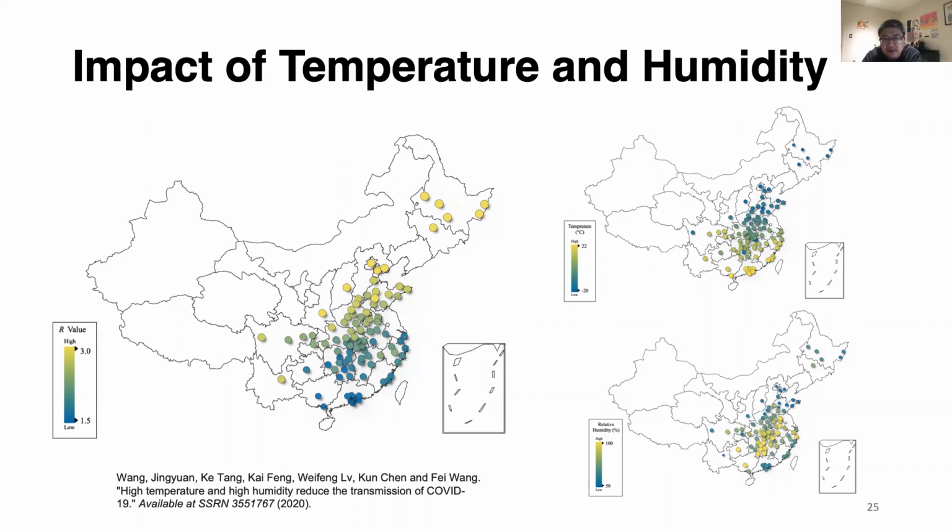This figure shows the average R values from January 19 to 23, 2020 for 100 Chinese cities. This is the R value, this is the average temperature, and this is the relative humidity distribution.